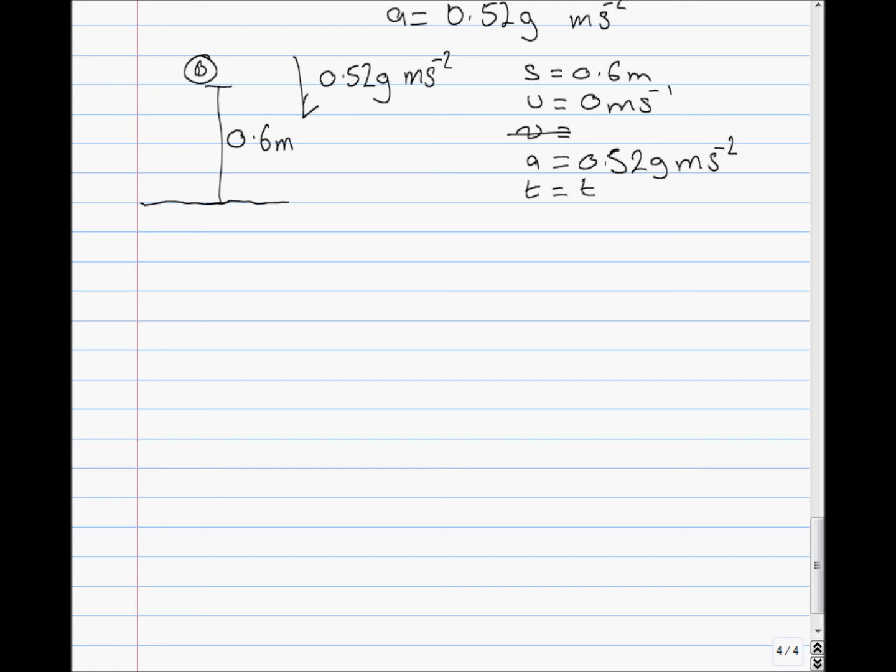Okay, so I'm going to use the same SUVAT equation as before. So S equals ut plus a half at squared. So 0.6 equals 0 times t plus 0.52 G t squared over 2.